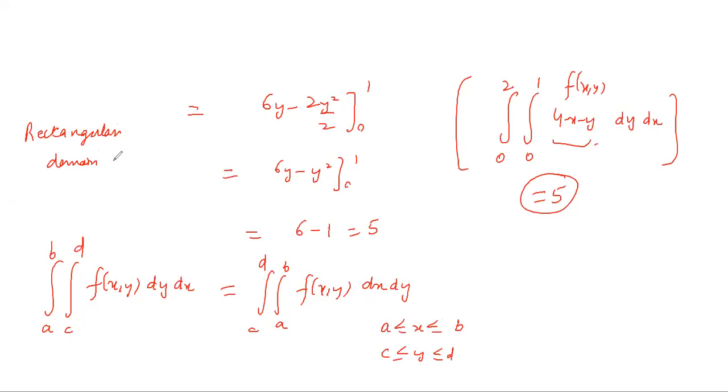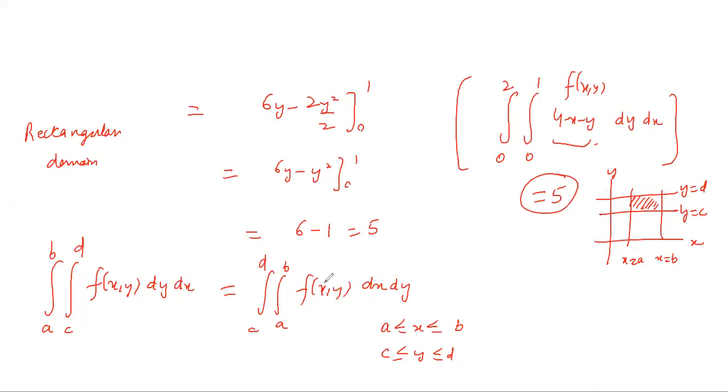Whenever x and y have constant limits, if you draw this in the xy plane, this is x equals a, x equals b, and this is y equals c, y equals d. So your underlying domain is a rectangle. Only in that case is the order not going to matter.